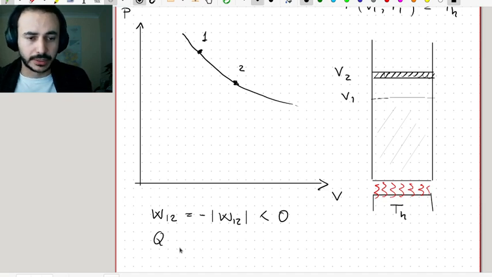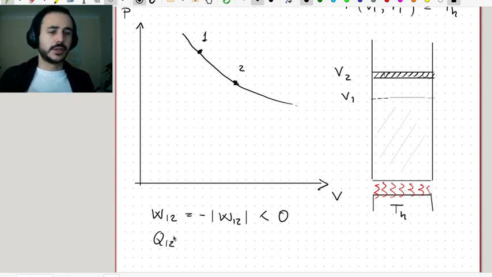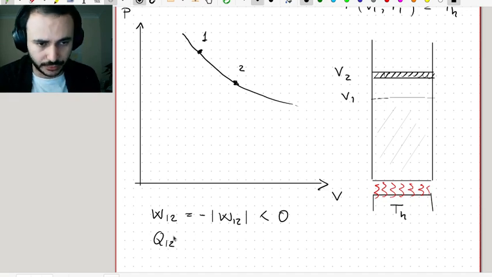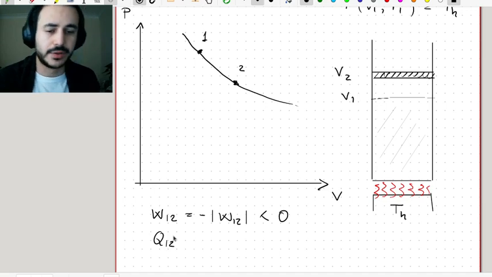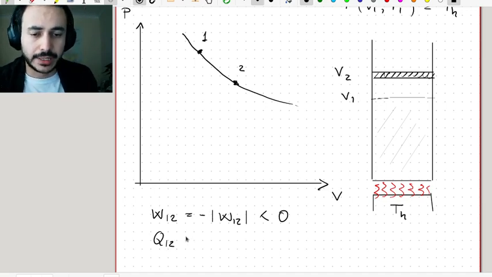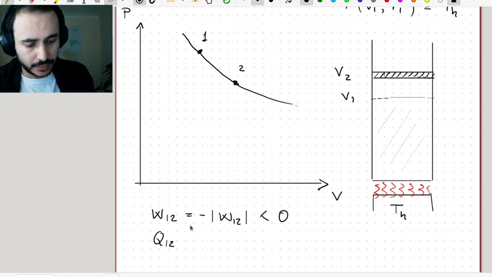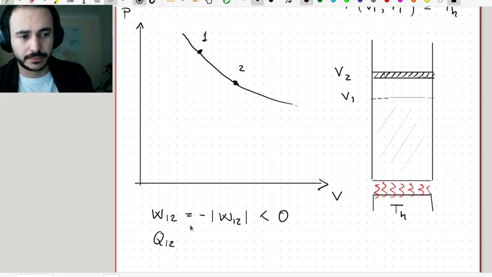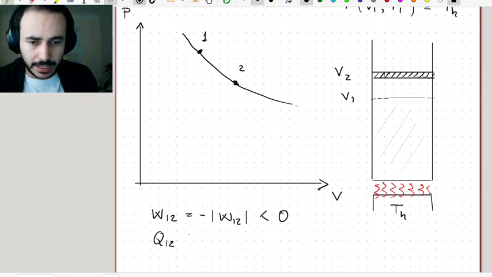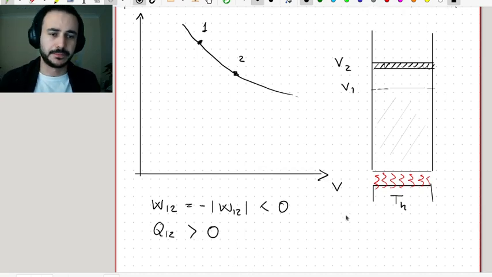Well, you are in contact with a heat source, so you can absorb heat. And if you're expanding your system and keeping the temperature constant at a high level because you are in thermal equilibrium with the heat source, then it means that you must absorb heat from the source to keep the temperature of the system from dropping as you expand. And this means that this heat is going to be larger than 0.